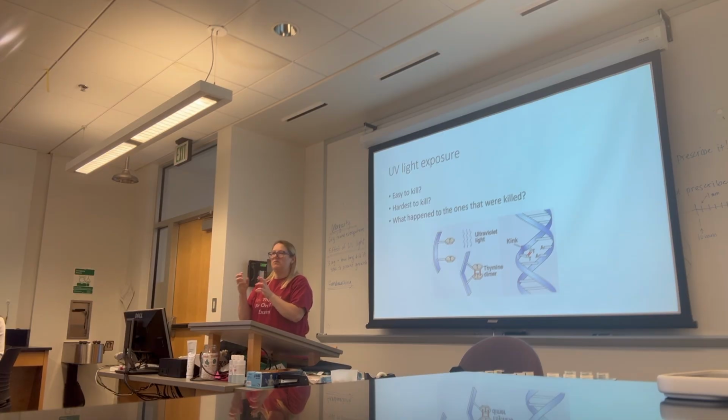It happens more frequently than the cell can actually repair it, and so then it just dies. And that also will disable viruses that have DNA in their replication cycle.